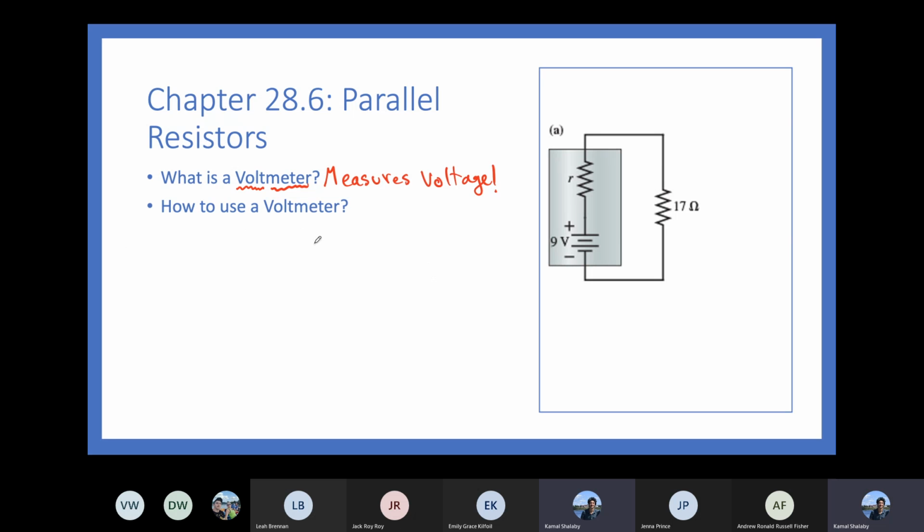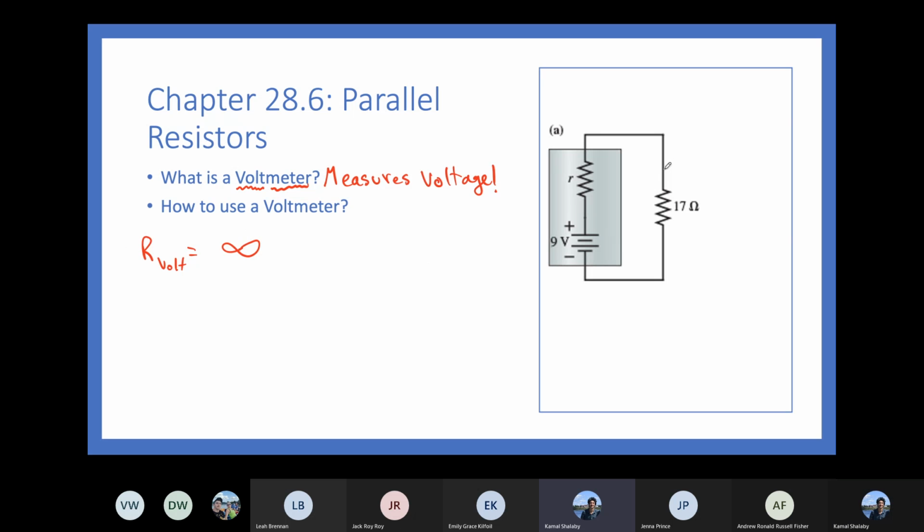One of the main things about voltmeters is that the resistance inside of them is equal to infinity. And that is important. That means there's no current passing in the circuit, so it blocks all of it.